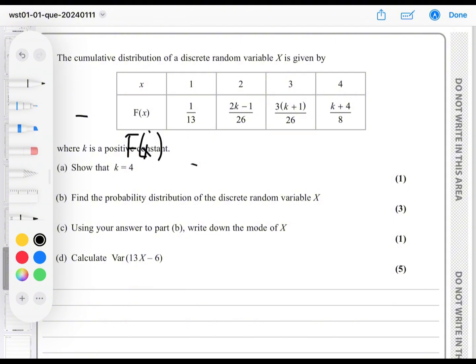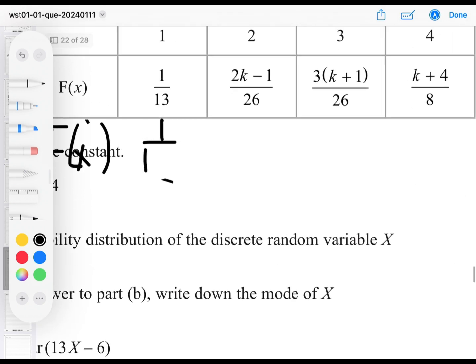and by putting the value here we'll get the cumulative values. So 1/13 here, 1/13, and then by putting 4 here, 4 into 2 is 8, and 8 minus 1 is 7/26, and then here 4 plus 1 is 5, 5 into 3 is 15, so this will be 15/26.